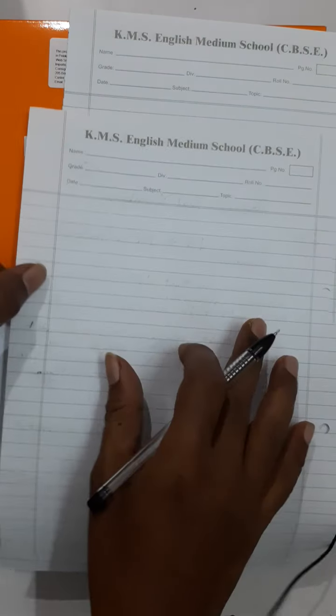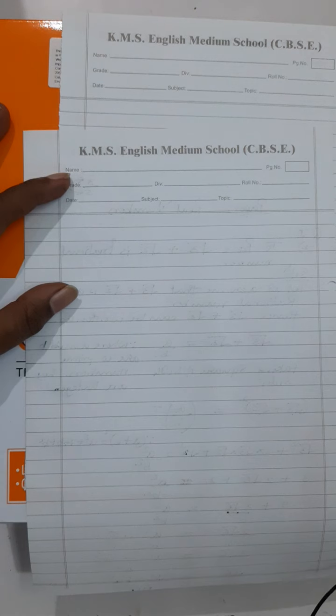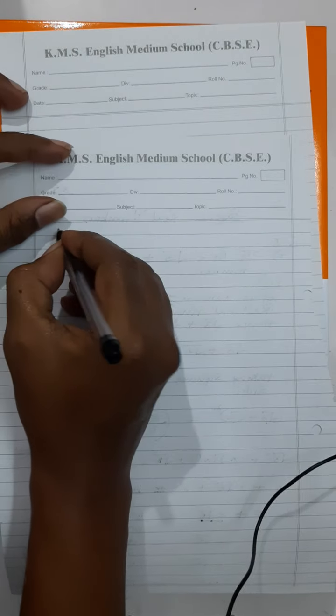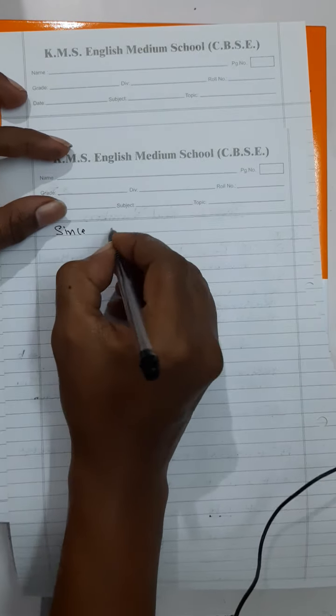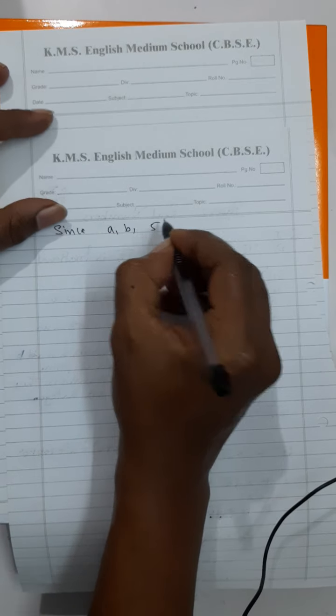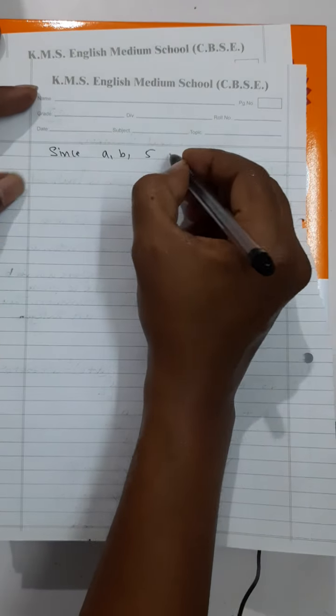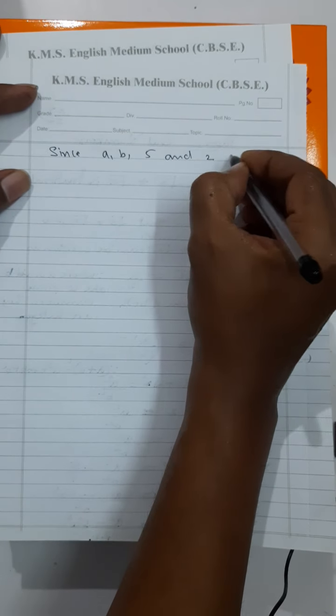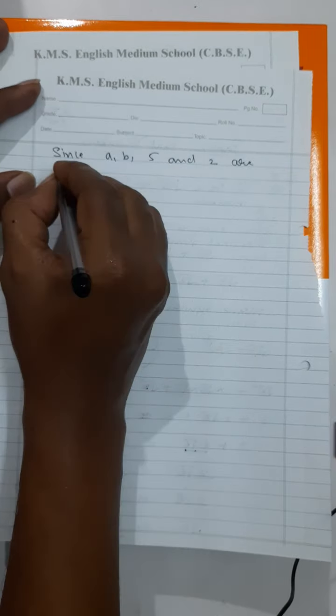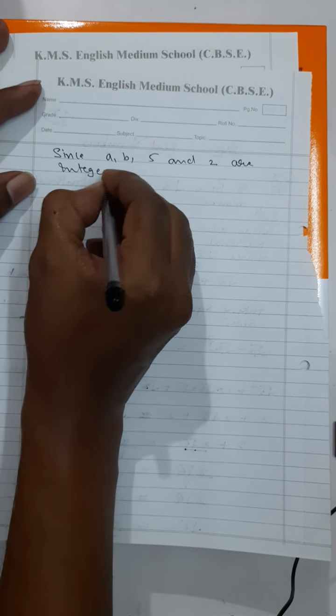Okay, so you will tell over here, since a, b, 5, and 2 are integers. They are basically integers.